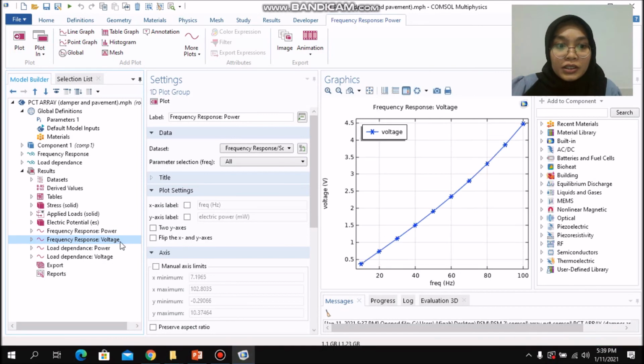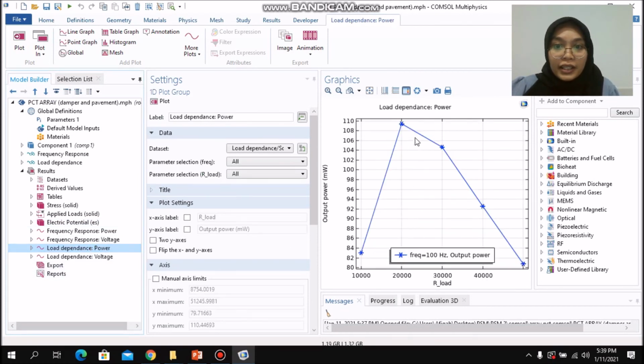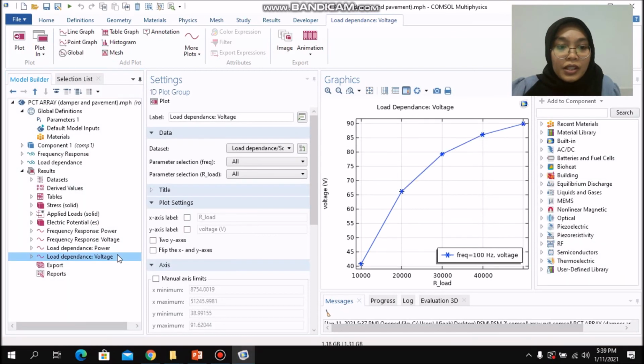The voltage also increases when the frequency increases. For the load dependence power, we can see that at 20 kilo ohm resistive load, the output power is around 109 milliwatts. We can also see that as the resistive load increases, the output voltage also increases.